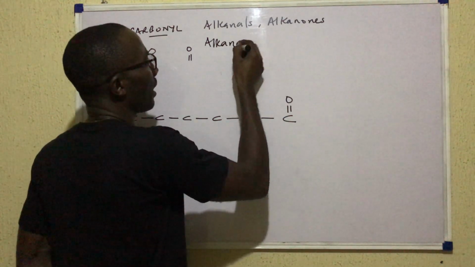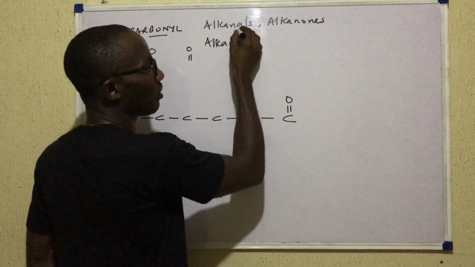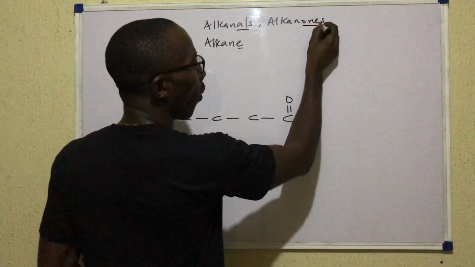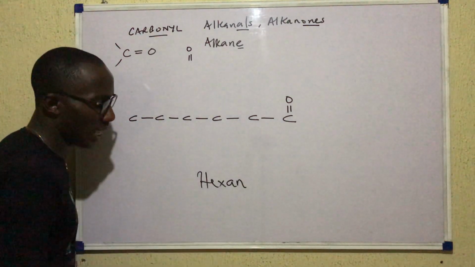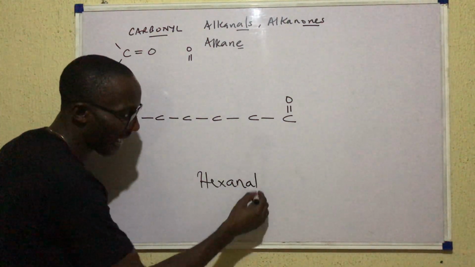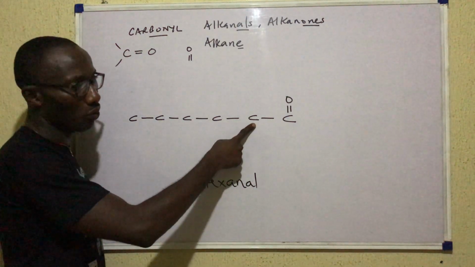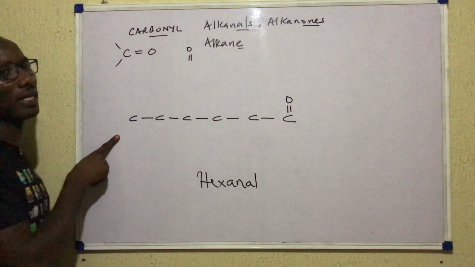How does an alkane resemble an alkanal? The E appears to have changed to Al, unlike in that case where the E has become on. So that if I have my double bond O there, I'll call this compound hexanal. If I shift it to the next, it becomes hexanone. To this one, hexanone, hexanone, hexanal.